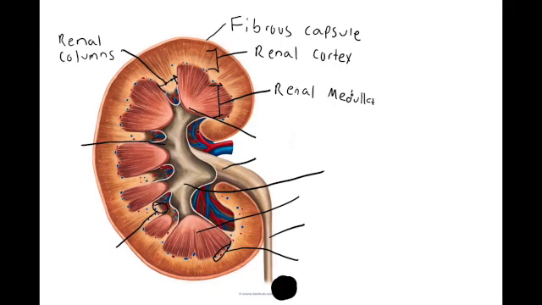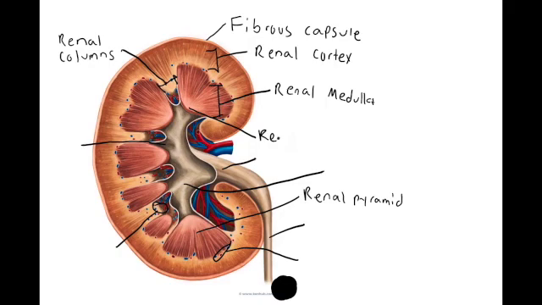Now, the renal medulla is sort of like a pyramid shape, and the pyramid shape is what we call the renal pyramid. Now, where the renal pyramid ends is called the renal papilla.